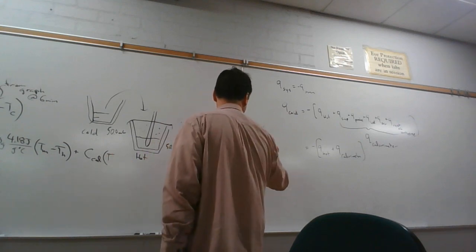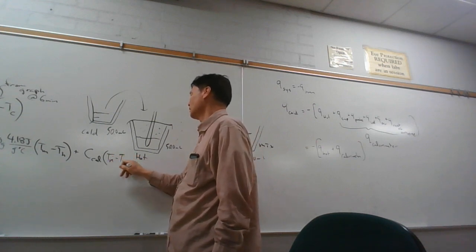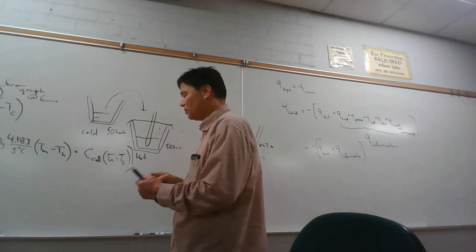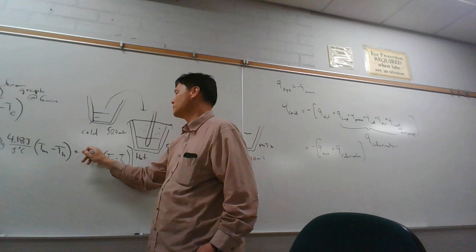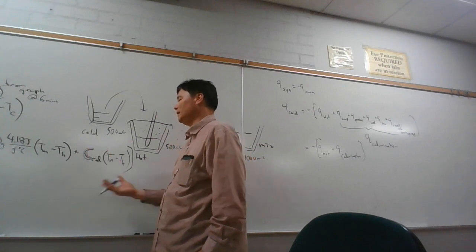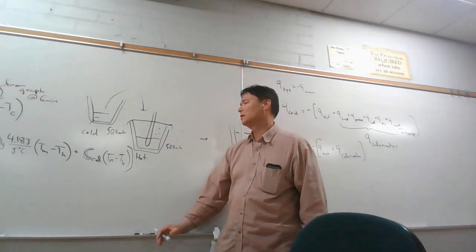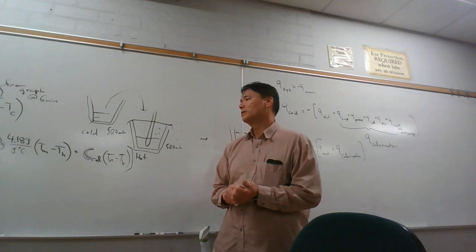And so it's going to be T mix minus T hot. And so the only unknown here is C of the calorimeter. The whole purpose of the first experiment is to determine how much heat is lost through the coffee cup calorimeter. We want the heat capacity of the calorimeter in this case.